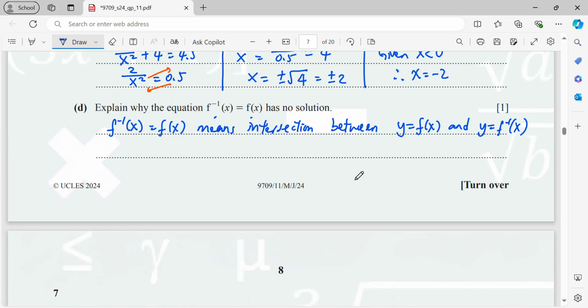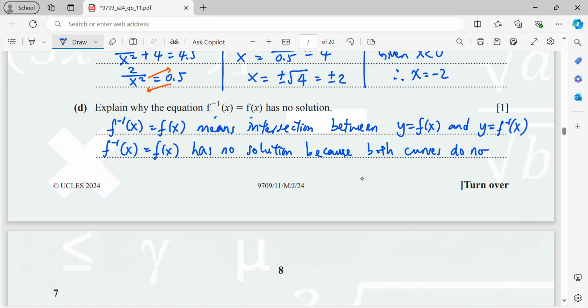So that means here you just write f inverse equals f(x) has no solution because both curves do not intersect.